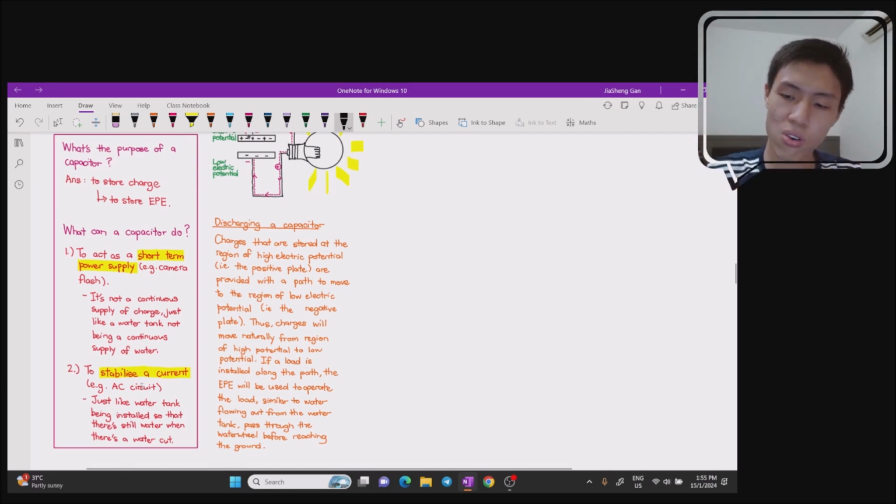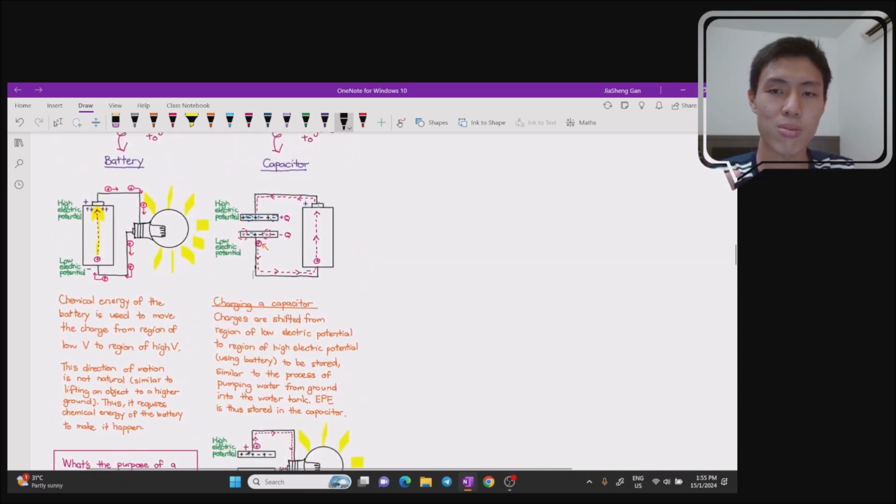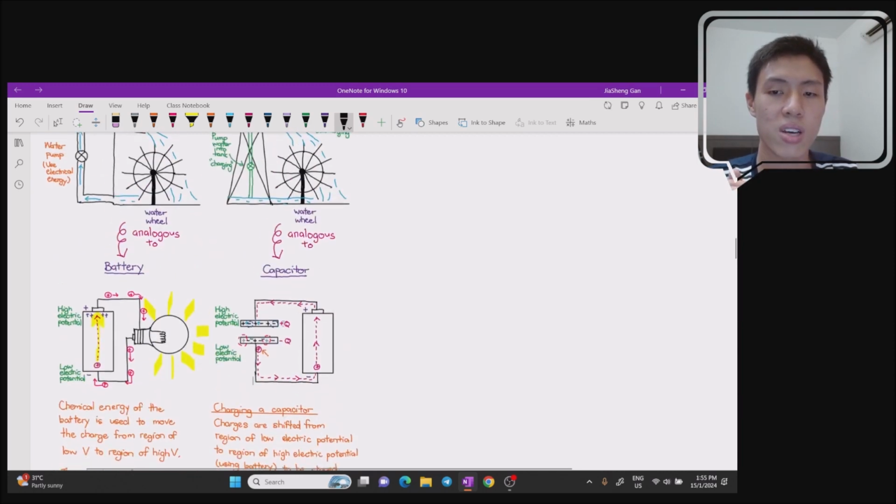In your circuit, your battery or your power supply doesn't always function optimally. Occasionally there will be a situation where there's a dip in the power supply. When there's a dip, your capacitor will function to complement that dip.